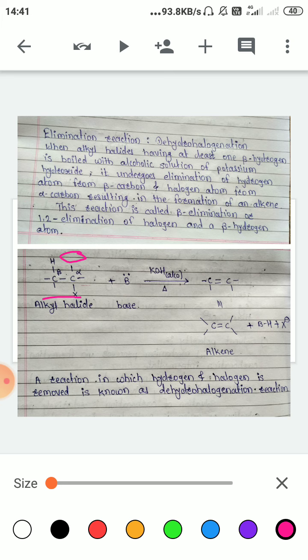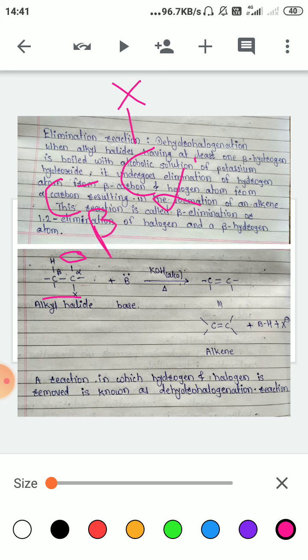We have taken only the carbon-carbon bond containing one halogen atom and beta hydrogen. Generally the carbon atom bearing the functional group is called the alpha carbon, and the carbon adjacent to it is called the beta carbon.